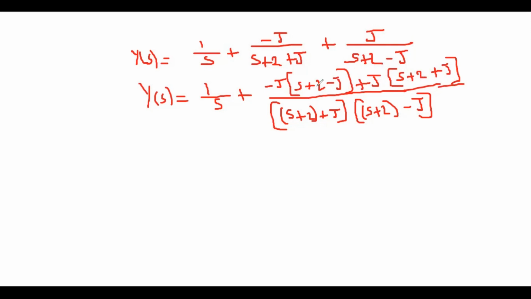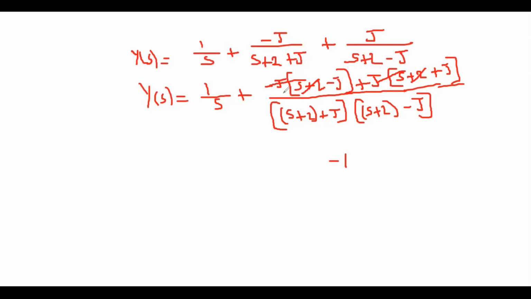Now if we simplify here, minus JS plus JS, minus 2J plus 2J, and minus into minus is a plus, J square minus 1, and J into J, J square minus 1. It becomes S plus 2 totally.